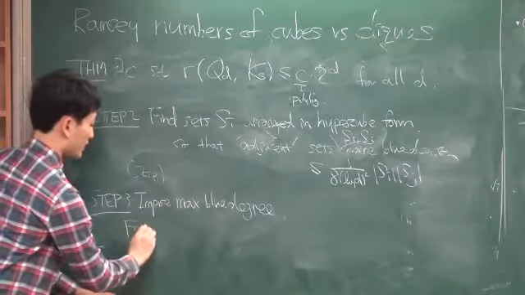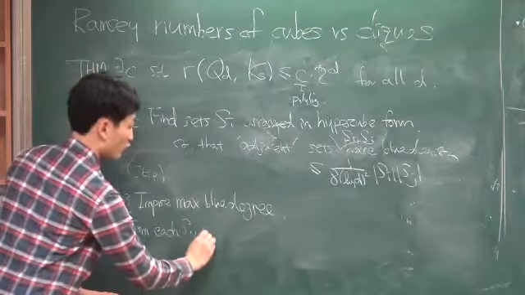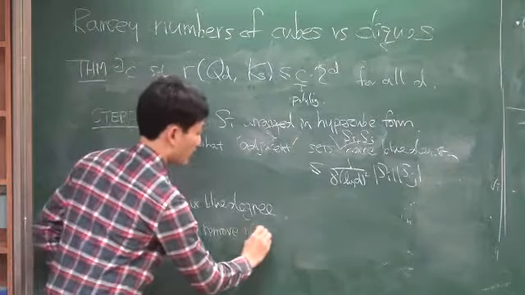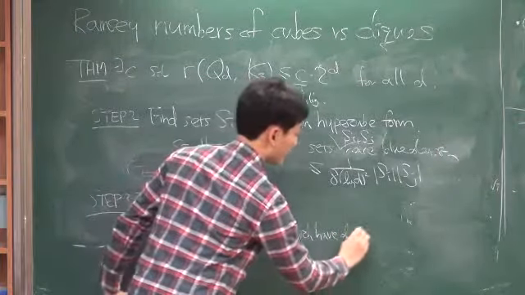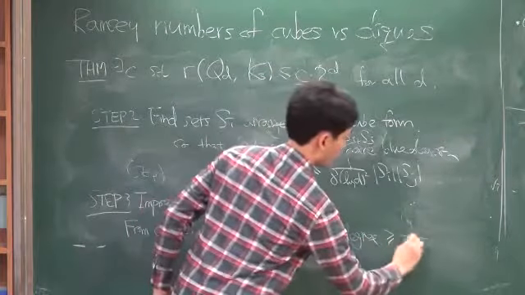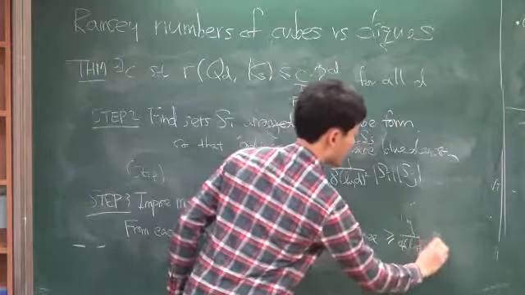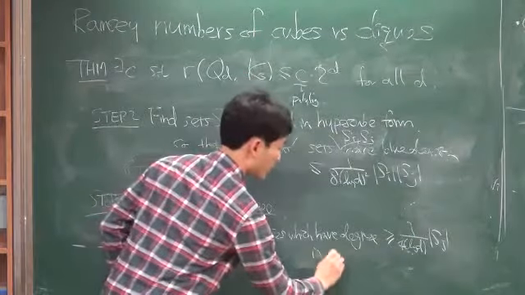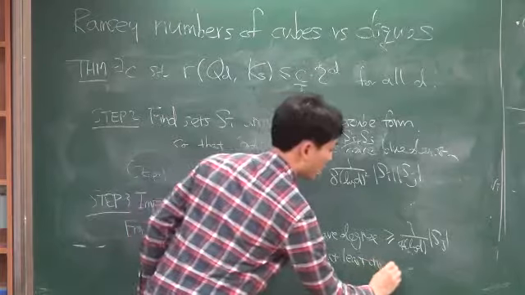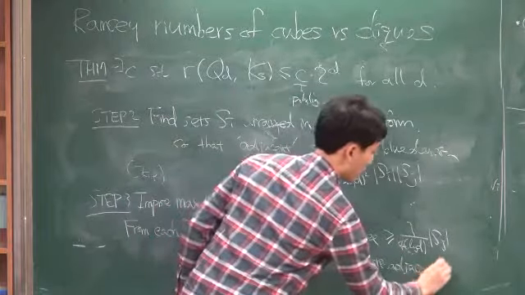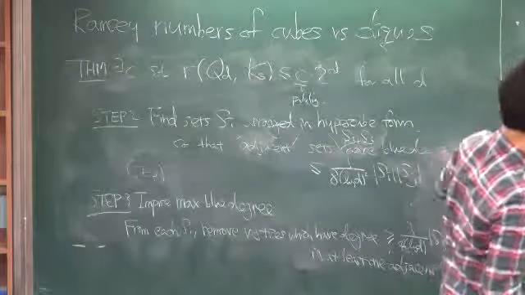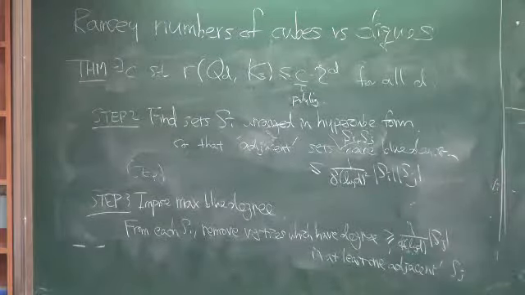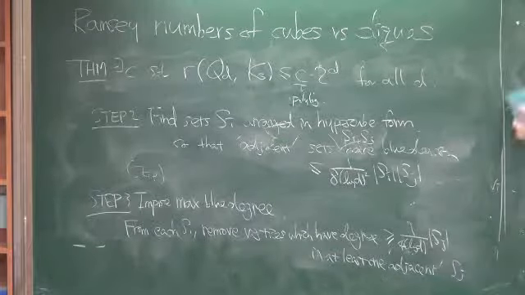So from each set Si, remove vertices which have degree at least 1 over 4 log d times Sj in at least one adjacent Sj. So you have the following.